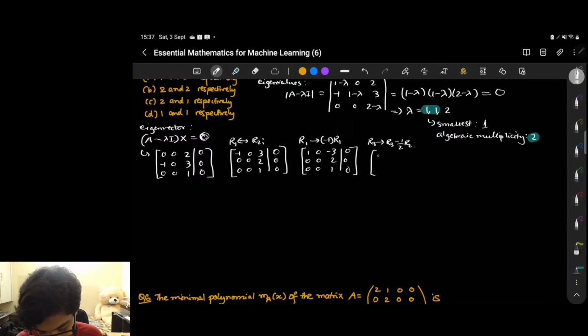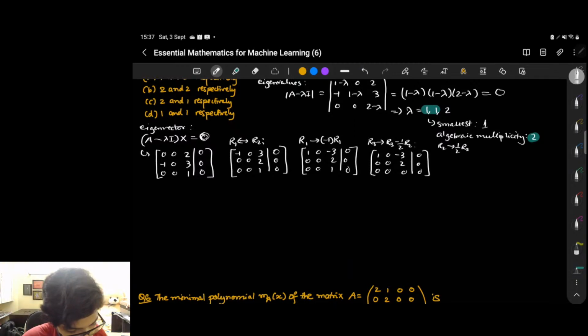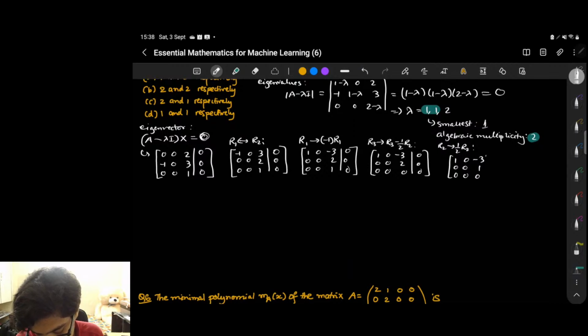So this would be 1, 0, negative 3, 0, 0, 2, and 0, 0, 0. And finally, let us say R2 goes to half R2. So we get this reduced row echelon form.